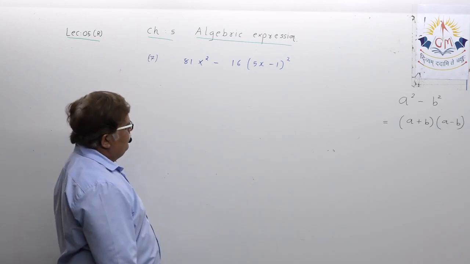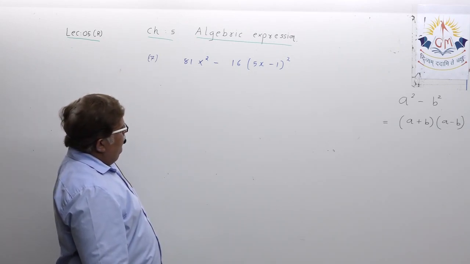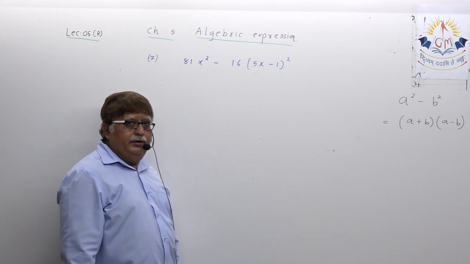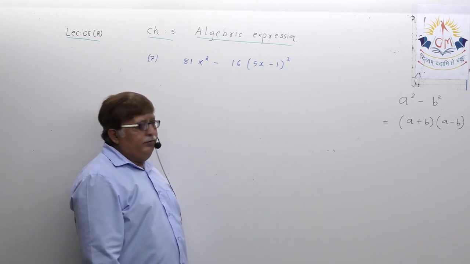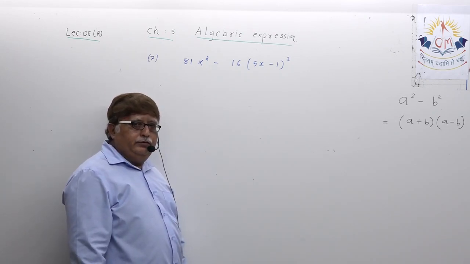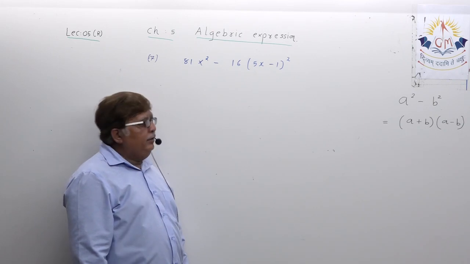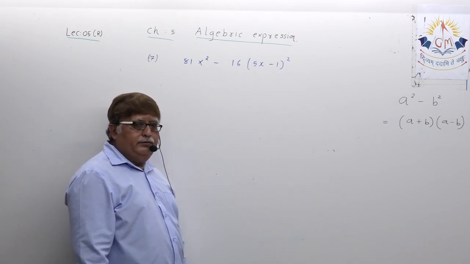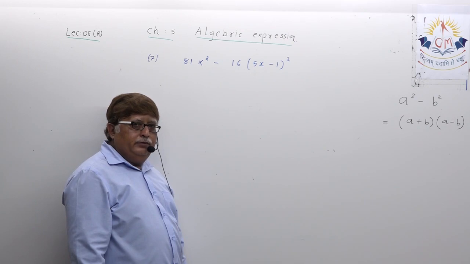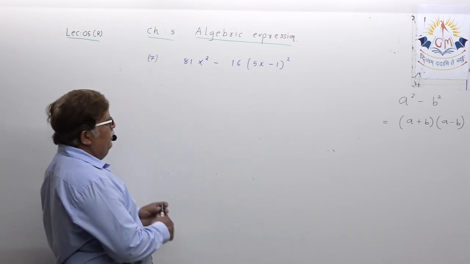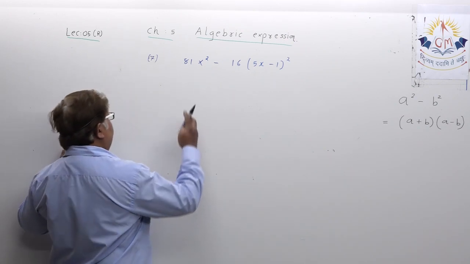Understand? It is 81x square minus 16 into bracket 5x minus 1 whole square. How can we move, dear student?